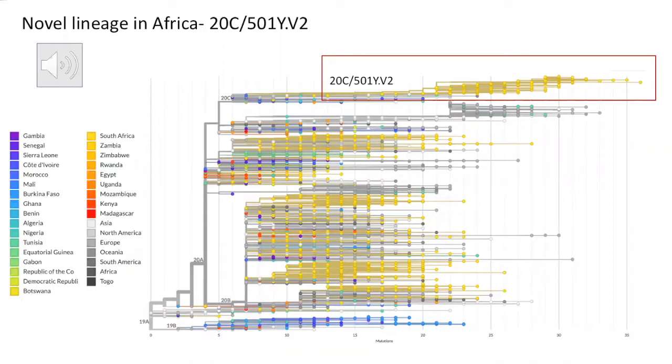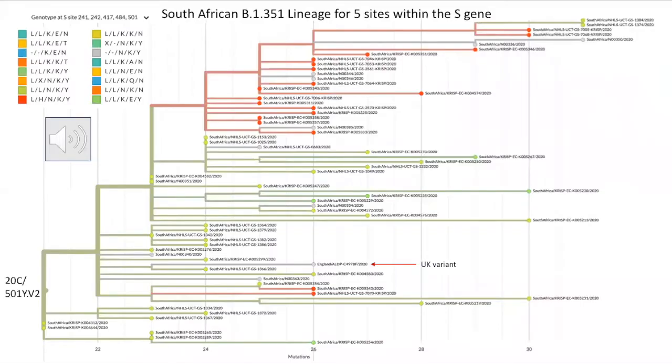Now this is quite disturbing. The graph presented on this slide shows the relationship of different B1351 lineages in South Africa. This lineage has viruses that contain the N501Y change, but also contain a change at codon position 484.